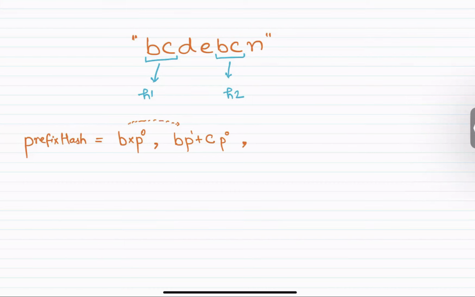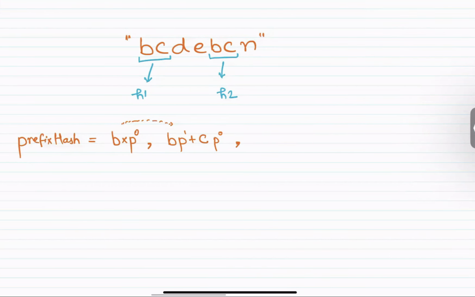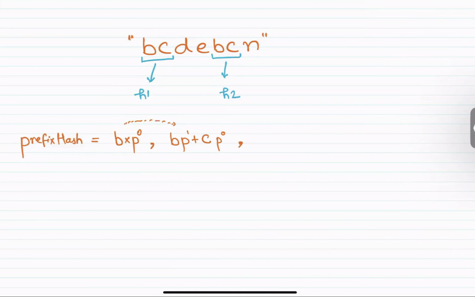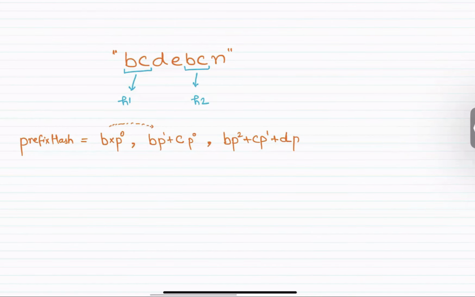I'm taking the previous value, multiplying it with P, and adding the current character. So what will be the next value? Previous value: B P square plus C P1 plus D P0. Yeah, D into P0.